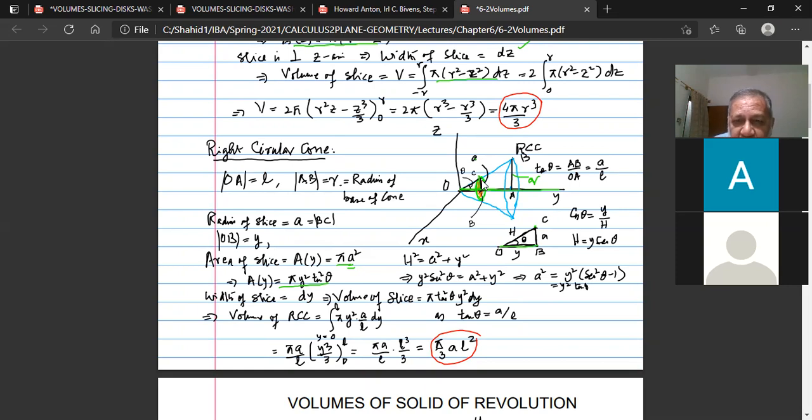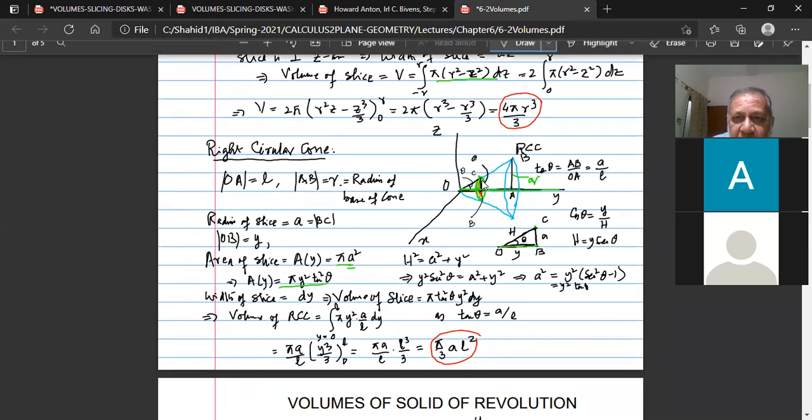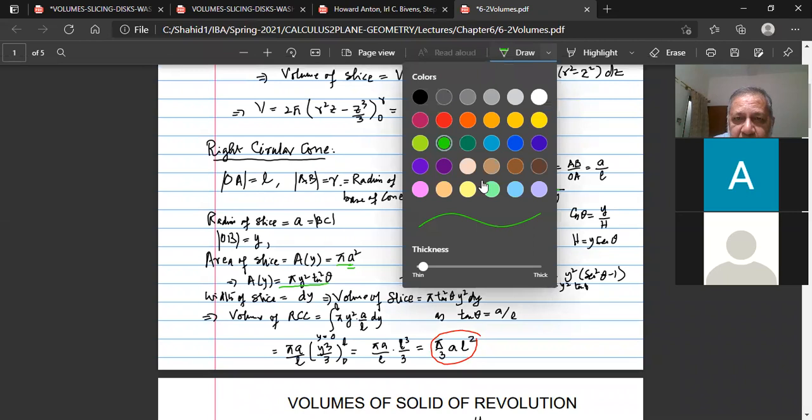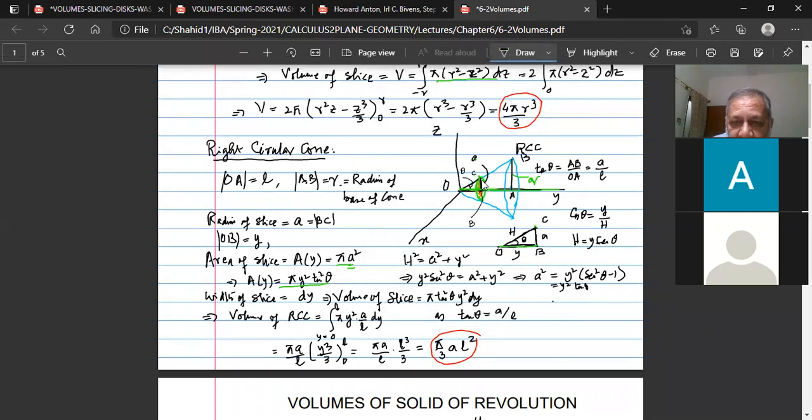in the overall figure, we had taken the radius as r. This should be r. Looking at the whole overall figure, this has to be r upon l. So this has to be r upon l, and we are integrating along y, so 0 to l.